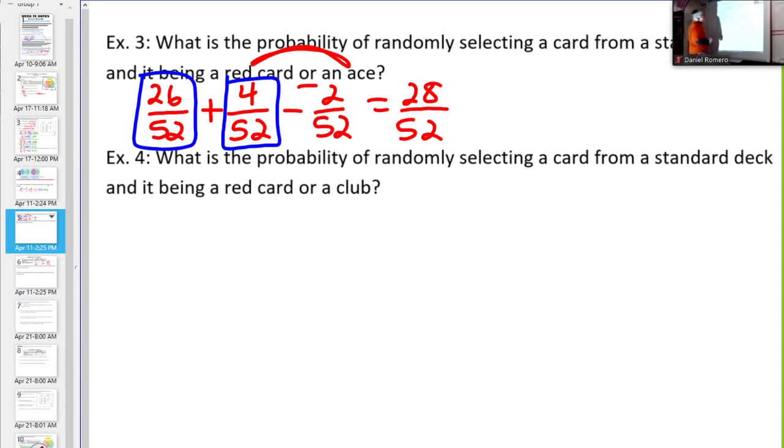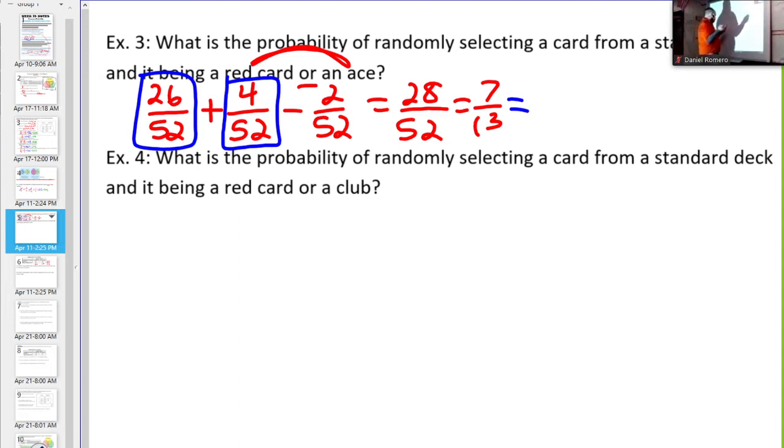That can be reduced. This one also doesn't tell us which form to put it in, so we'll just put it in all three forms. 28 over 52 can be reduced by 4. Jorge says 7 over 13, and we agree with Jorge. As a decimal, let's just say it's going to 4 decimal places.